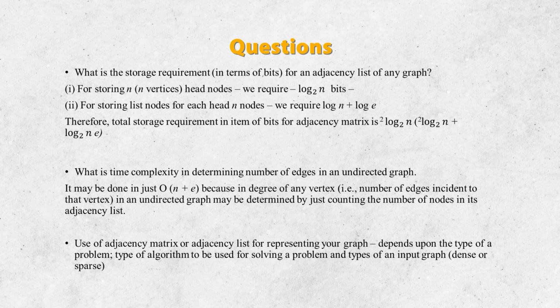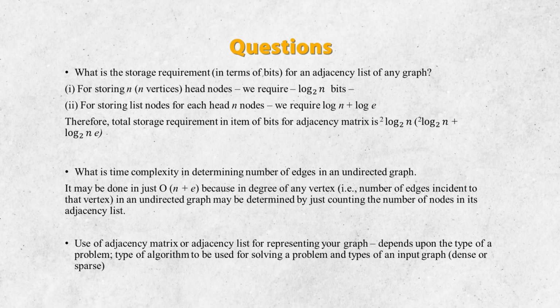Okay, so the use of an adjacency matrix or an adjacency list is truly dependent upon your problem or the specific case. In some cases the adjacency matrix performs better, in some cases the adjacency list performs better.